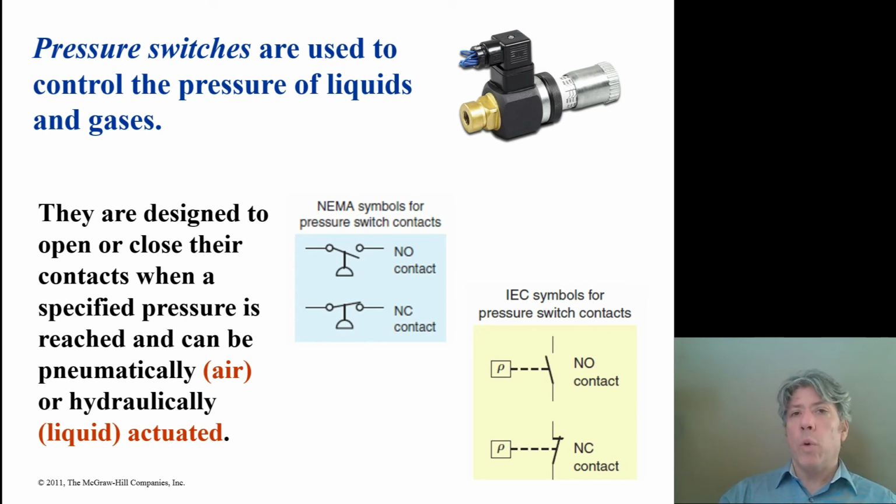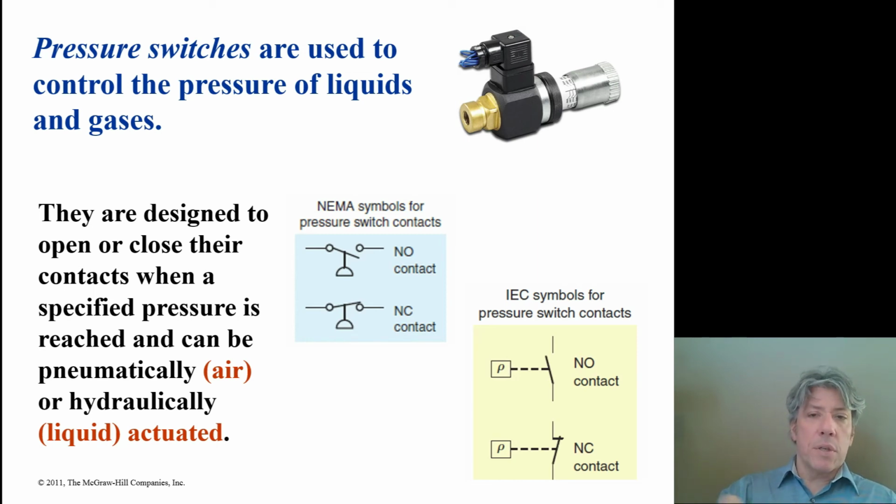The reason you wouldn't want a switch that has no hysteresis is because if you're just right at the level where it's supposed to turn on, the temperature or the pressure may vary a little bit about that, and the switch may turn on and off very rapidly and either damage the switch or give data to the control system that doesn't make sense because the pressure is above and then below and above and below over and over, and that's not good. That's not something you typically want in controlling a system.